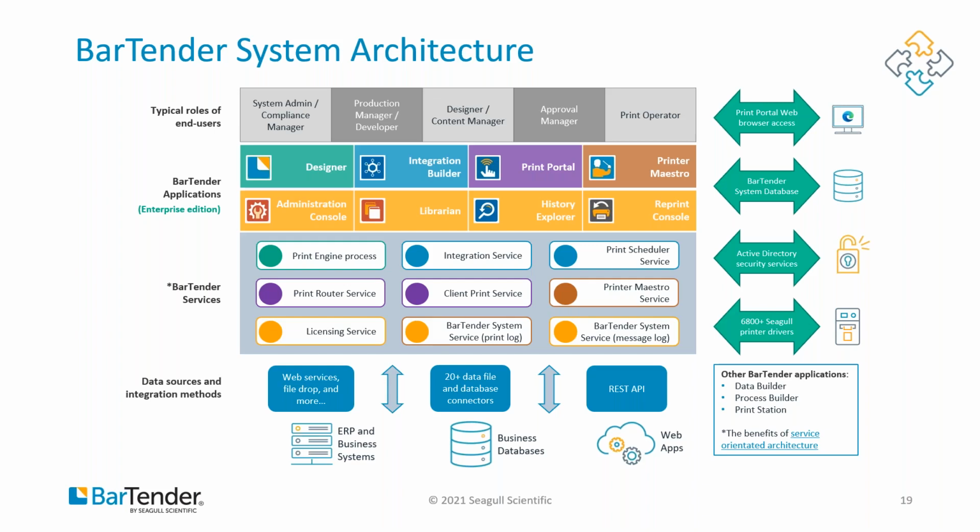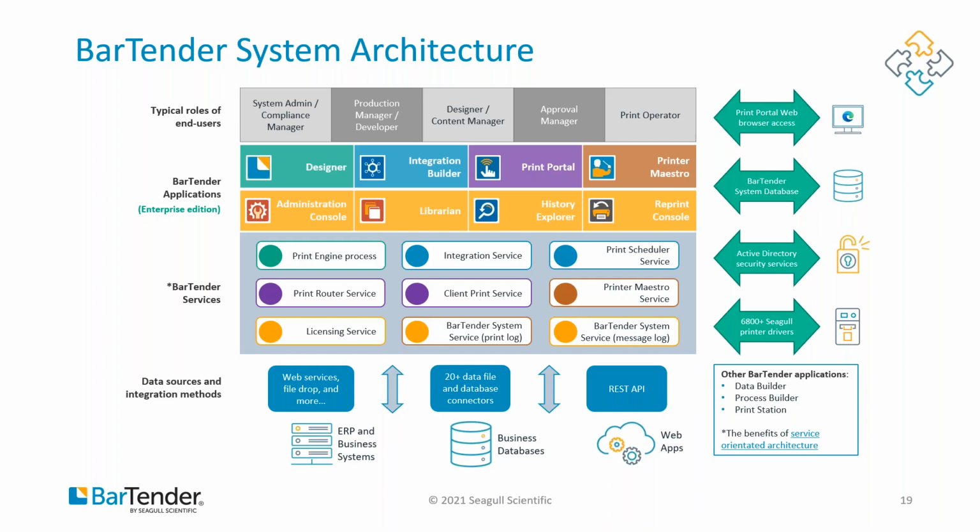So over there on the right, in terms of administration access and storage, we have access to the BarTender system, or at least parts of it, through a web browser, namely through the print portal. But importantly for today's presentation, data generated by BarTender can be stored, but also viewed in the system database.